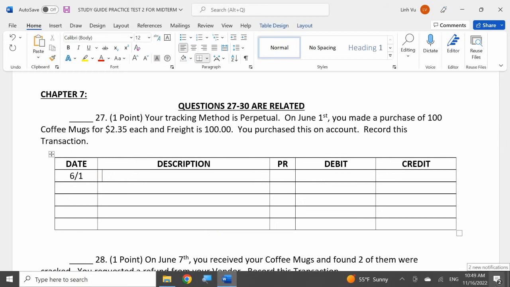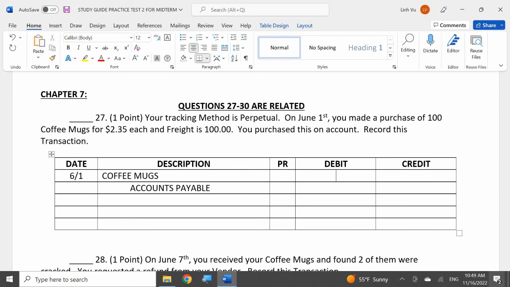So once again, in this case, it is June 1st. You purchase 100 coffee mugs. So in this case, you're going to be debiting your coffee mugs. And the keyword here is that you placed it on account. Okay? So in this case, you purchased 100 units at $2.35.